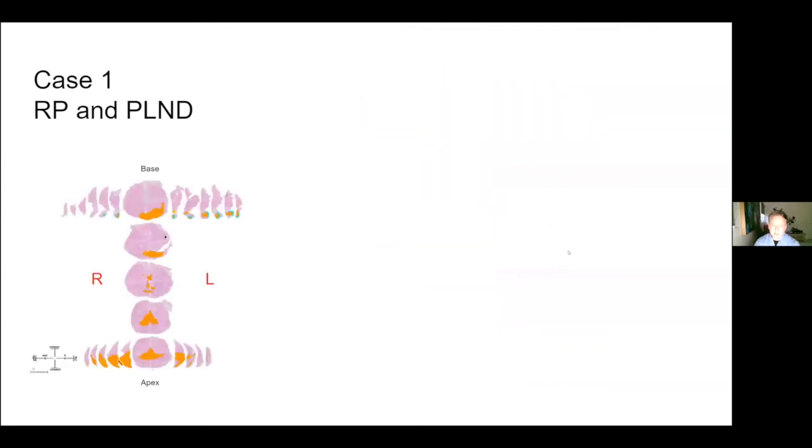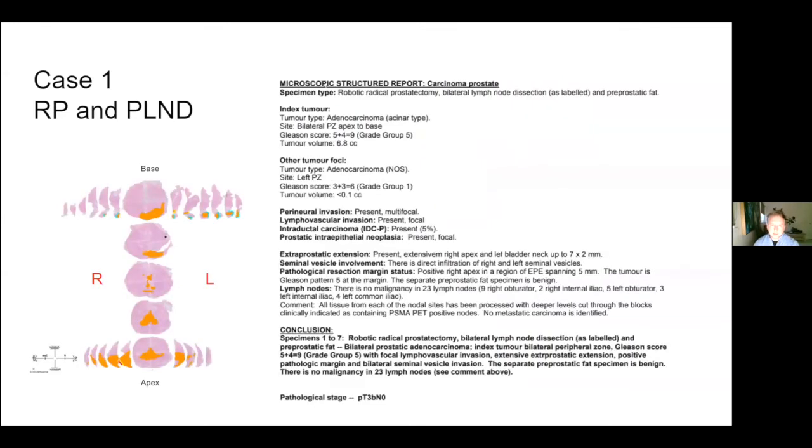And the summary, this is the structured report, ended up being 5+4. So it's certainly a very high-grade tumour. It's got extraprostatic extension at the apex and the base, bilateral seminal vesicle involvement. The other thing was you did 23 nodes, all negative as well. That's good.